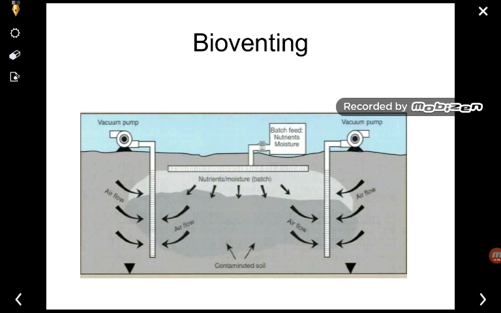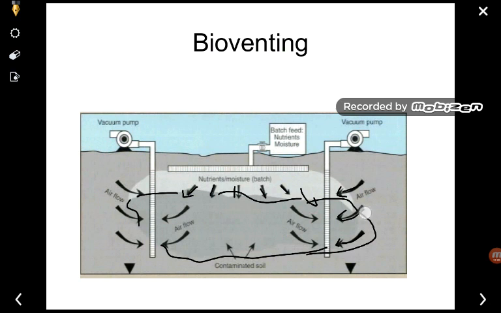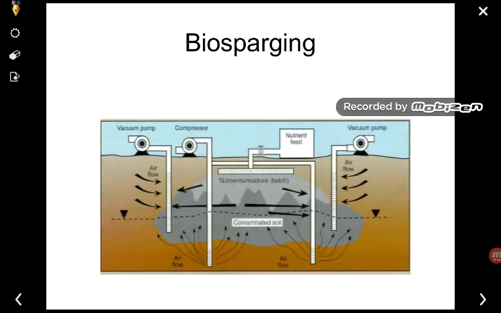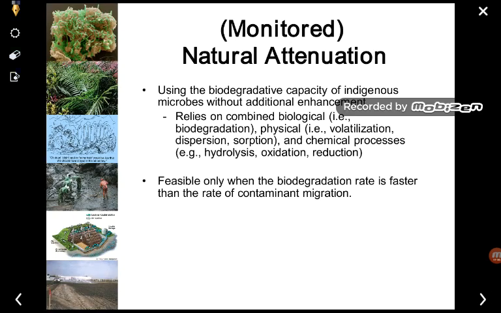In this picture we can see that air is supplied as well as nutrient is added to the water. If the water of the well is contaminated, we supply air and nutrient, both, and that makes the soil and the water more usable. This is said to be biosparing. It is not given in your syllabus.